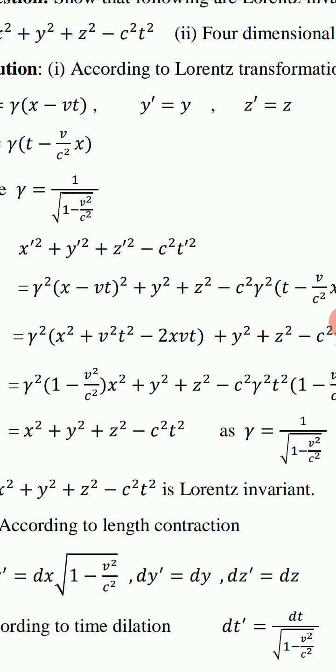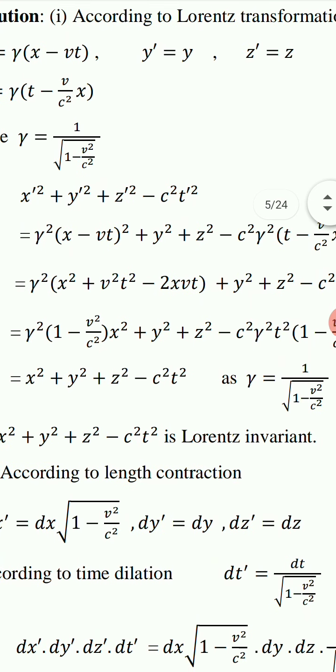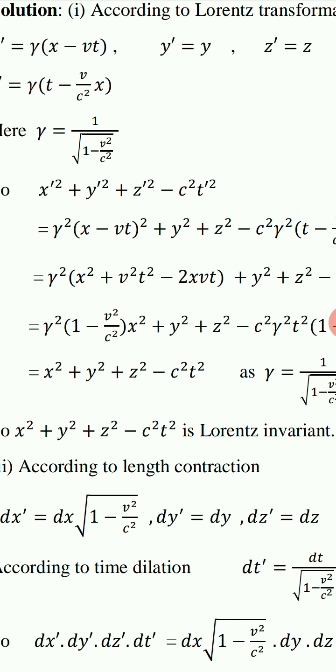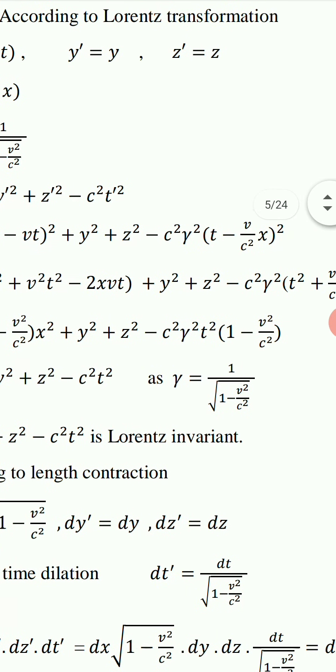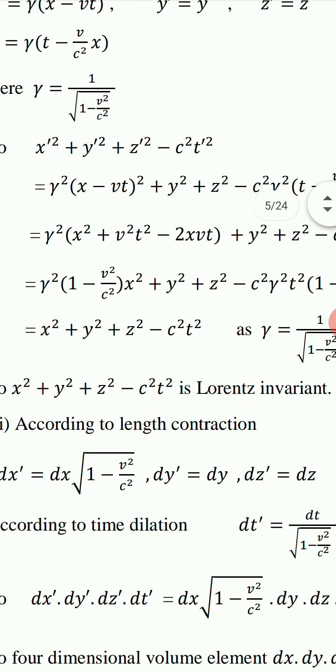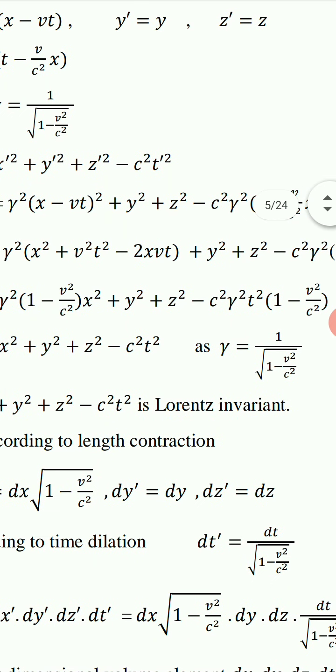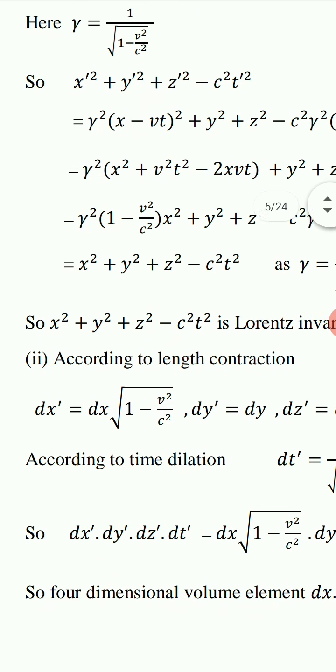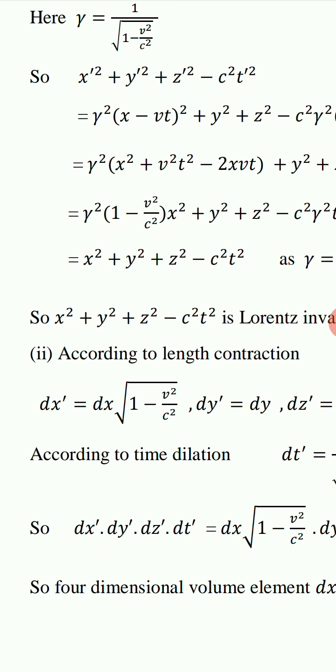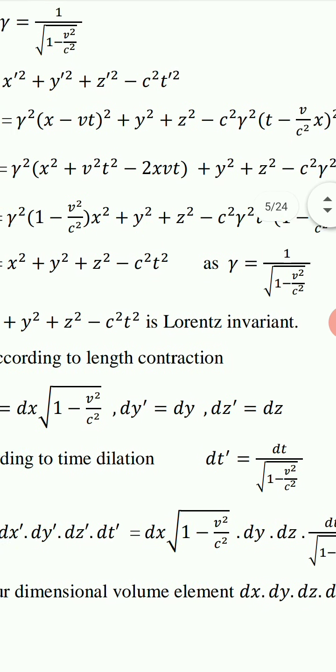Simplifying this square, we find that this comes out to be equal to x square plus y square plus z square minus c square t square. Here we have used gamma equal to 1 upon under root 1 minus v square upon c square. So it is proved that x square plus y square plus z square minus c square t square is Lorentz invariant.